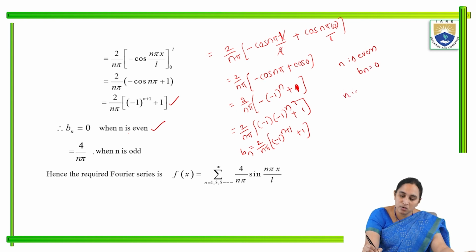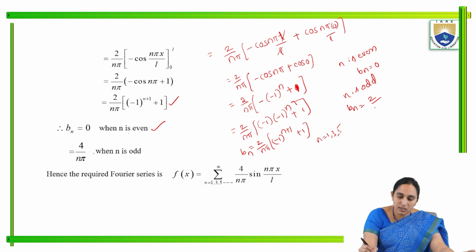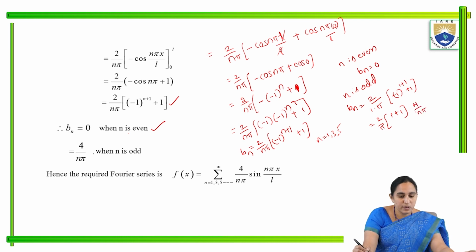If n is odd, then what about Bn? Take n as 1, 3, 5, odd numbers. Then 2 by n pi into (minus 1 whole power n plus 1): minus 1 whole power odd is minus 1, plus 1 gives 2 by n pi into 2, that is 4 by n pi.